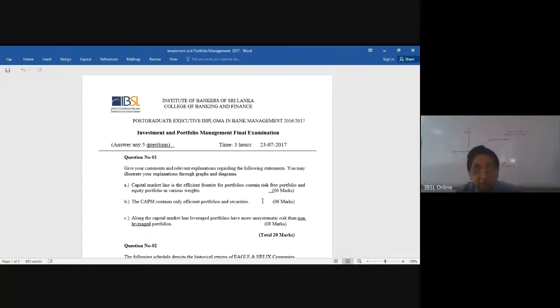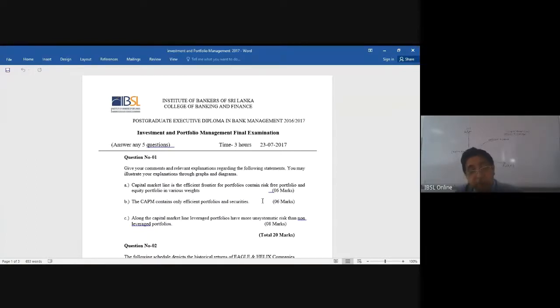In a capital asset pricing model, the straight line, how can it be constructed? When you construct that capital asset pricing model line, what are the two axes you consider? One axis is beta, that is the x-axis. Then the y-axis is the return. So when you plot it, you get this CAPM line.